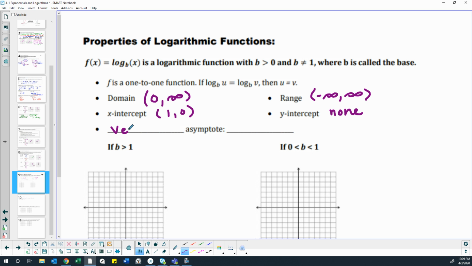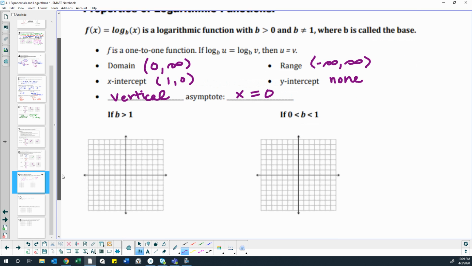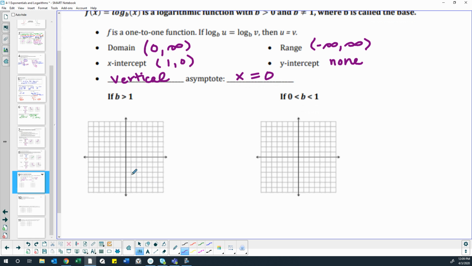So we get a vertical asymptote, and the vertical asymptote is going to be at x equals 0. So let's look at how these are going to work. If b is greater than 1, we have our point at 1, 0. And then we're going to have another point. Ignore the grid for me. I'm just going to put a point somewhere. And we're just going to say that this point is at b, comma 1.